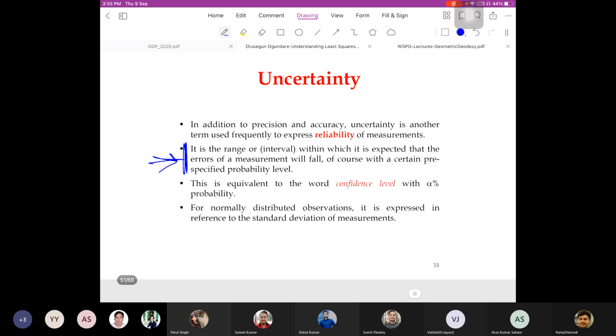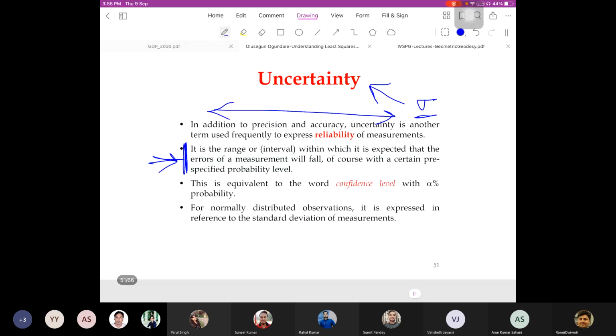So you will answer in a statement that with 90% probability my observation will fall between mu plus minus this sigma. Obviously sigma plays a supporting role in giving the answer of uncertainty. You get uncertainty with the help of sigma, but since you have to represent it with a range, sigma helps you decide that range. You get the point?